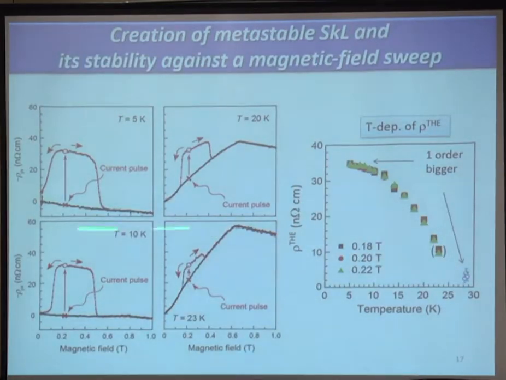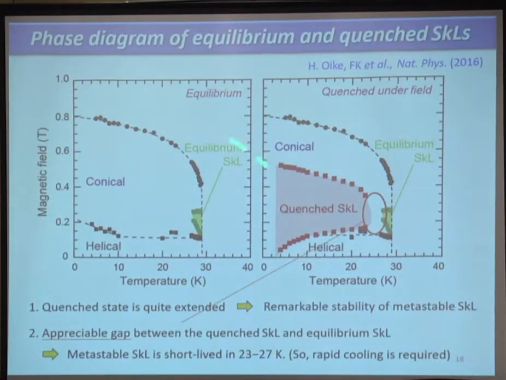And we did similar experiments at various temperatures and constructed the phase diagram before quenching and after quenching. Here, two things can be highlighted. The first, the metastable Skyrmion lattice is quite expanded compared with the equilibrium Skyrmion lattice. And second, there is an appreciable temperature gap between the equilibrium Skyrmion lattice and the quenched Skyrmion lattice.